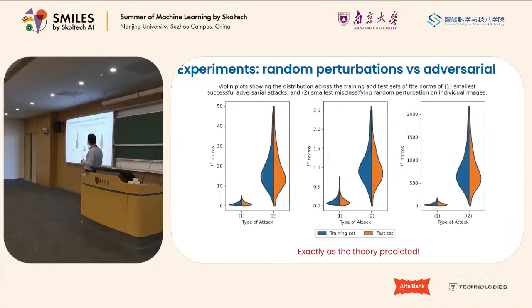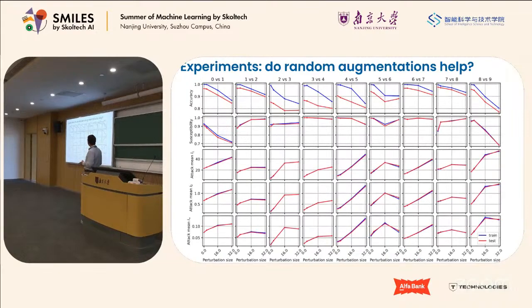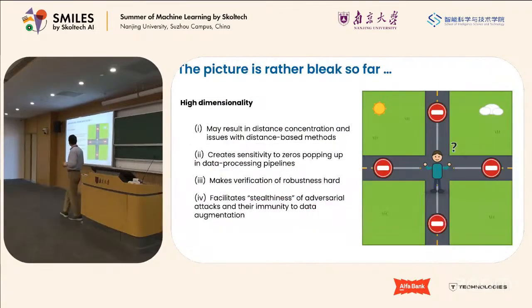And then if you look at the sizes of perturbations, these are the perturbations corresponding to adversarial attacks, and these are the perturbations corresponding to random data perturbations that result in the swapped labels. You see how large the discrepancies are between those two. So the random perturbations must be much, much larger to result in a label swap than the adversarial ones.